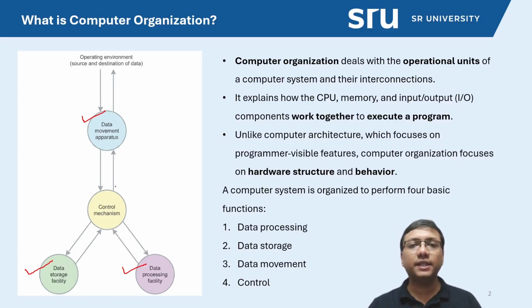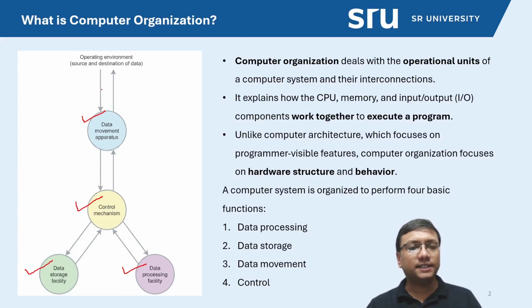For that we need a control mechanism. So to repeat once again, a computer system is organized to perform four basic functions. First is data processing, second is data storage, third is data movement, and the final is the control.